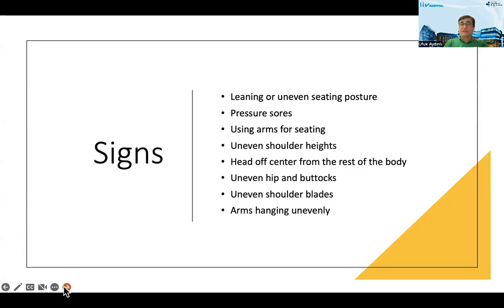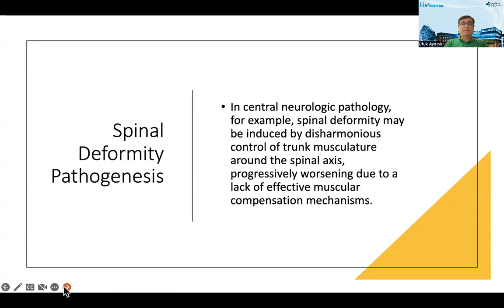Using arms for sitting is a real issue, and it really worsens their daily quality of life. Other signs are uneven shoulder heights, head off center from the rest of the body, uneven hips and buttocks, uneven shoulder blades, and arms hanging unevenly. These are the signs of the deformity.